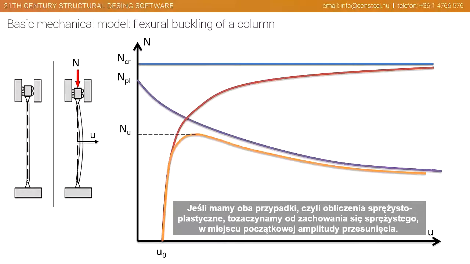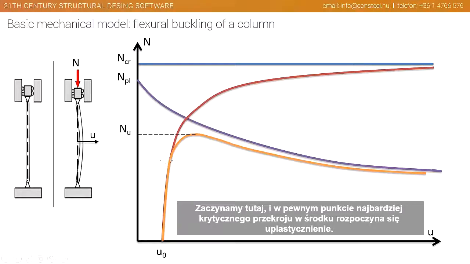If we have both, so an elastoplastic calculation, then we start with the elastic behavior from the initial amplitude of displacement. We start here, and at some point in the most critical cross-section in the middle, plasticity started.